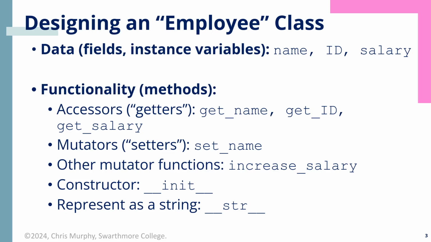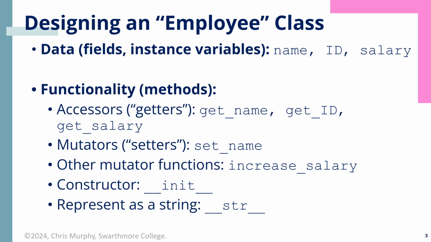We'll say that the first one is going to be a string, which is their name. The second will be the ID, and then the salary will be a float. So later on, probably not today, but on Wednesday, we'll actually write code like this.